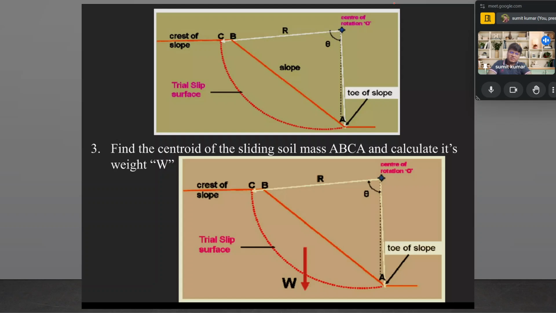Now find the centroid of the sliding soil mass ABCA and calculate its weight W.